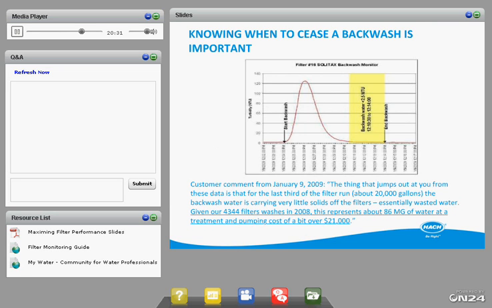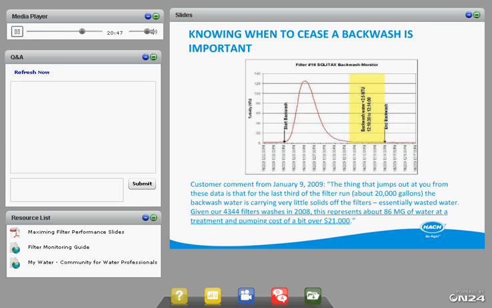Given our 4,344 filter washes in 2008, this represents about 86 million gallons of water at a treatment and pumping cost of a bit over $21,000. So there's real dollars at stake and real consequences to a facility by overwashing a filter.